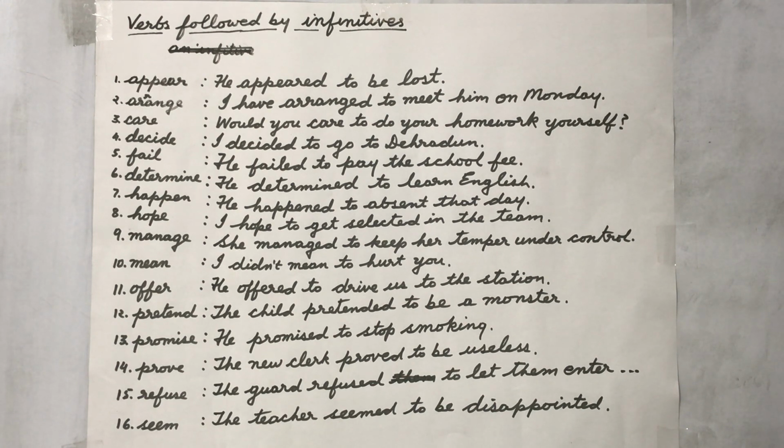Pretend. The child pretended to be a monster. Promise. He promised to stop smoking. Prove. The new clerk proved to be useless. Refuse. The guard refused to let them enter the building. Seem. The teacher seemed to be disappointed.